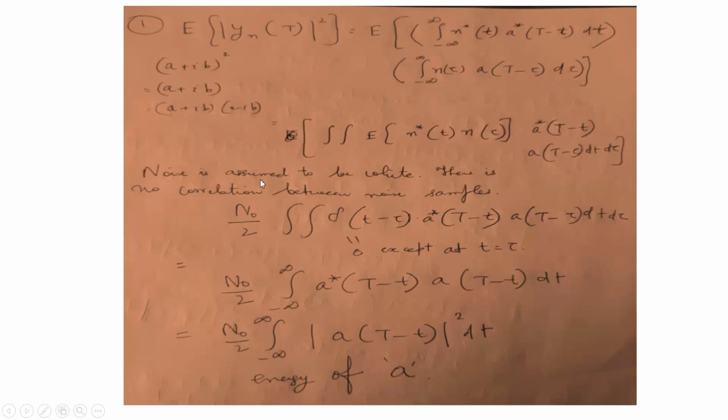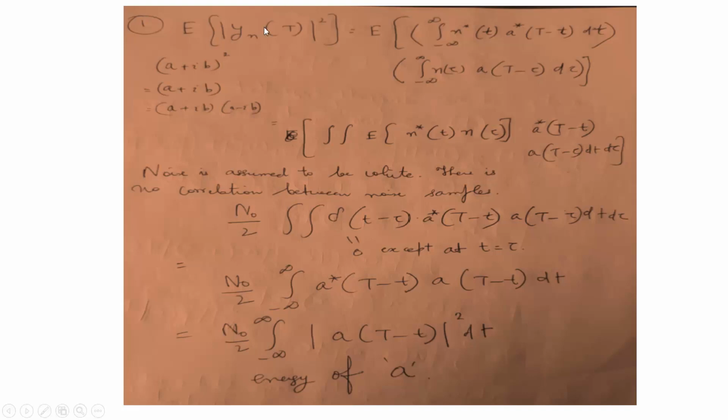We know that the noise is assumed to be white. That means one noise sample is not dependent on the other noise sample. What is the difference between t and tau? t is one particular instant, tau is a different instant. Both represent time variables, but we are trying to find the correlation.